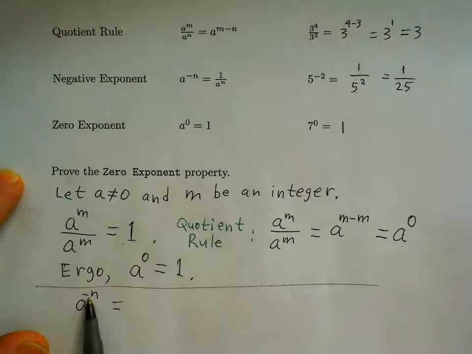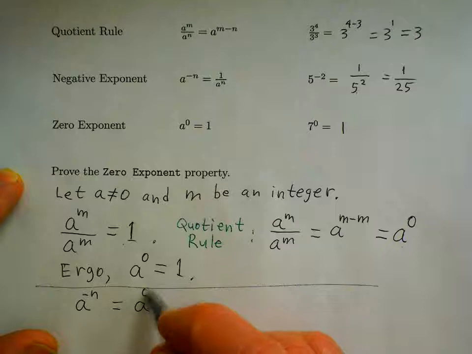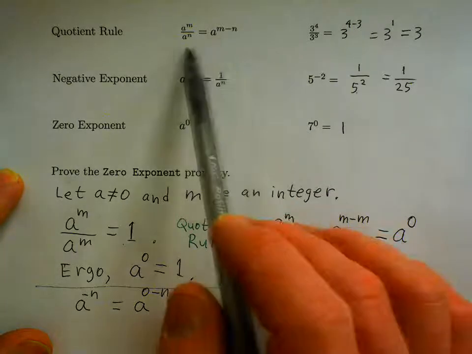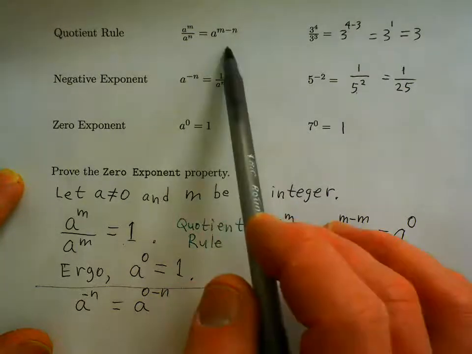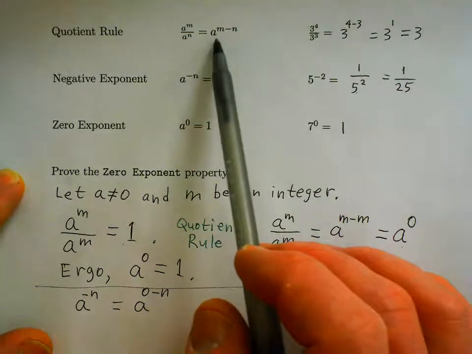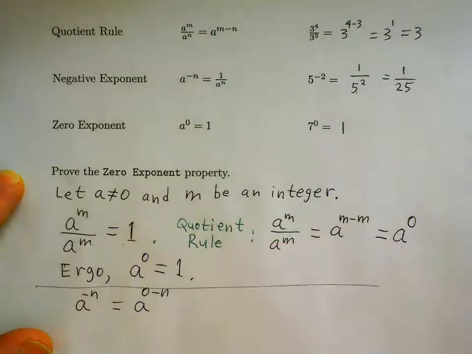The exponent negative n, so perhaps you'll agree that that's equal to, the exponent is equal to 0 minus n. 0 minus n and negative n are equal. And then if we use the quotient rule in reverse, so up here, using it in reverse, we would say a to the m minus n is equal to a to the m over a to the n.